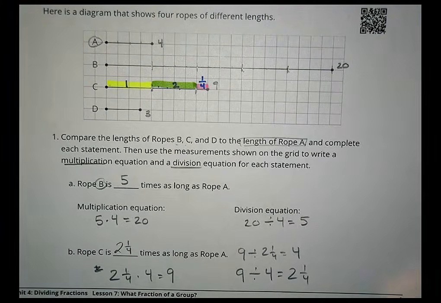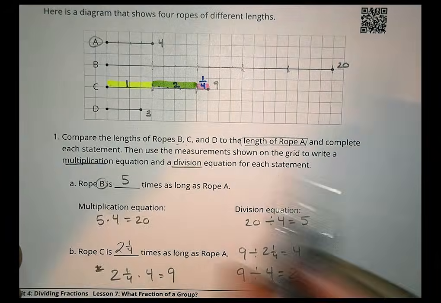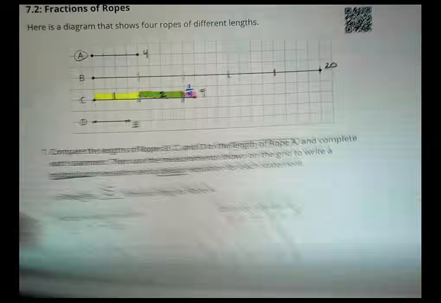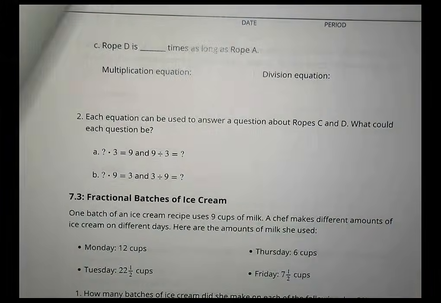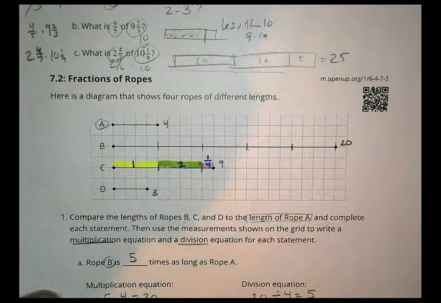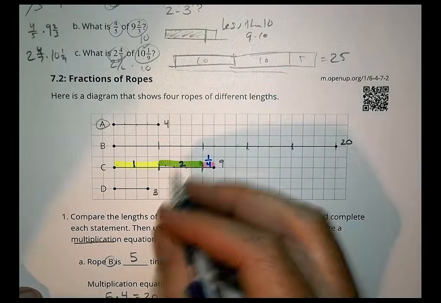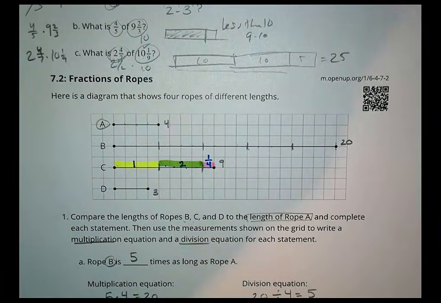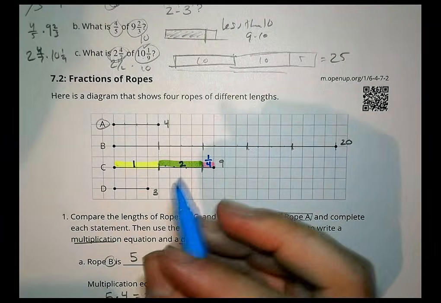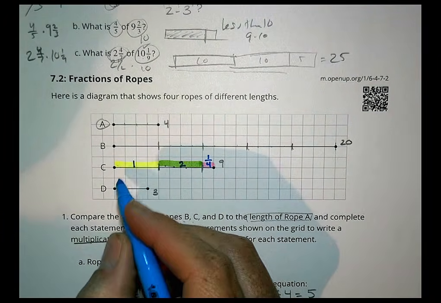Okay. Now let's compare D to A, because that's our last one here. So our next page says let's compare D to A. So let's take a look at D. D is right here at 3, and we know that the full length segment of A is 4, right?